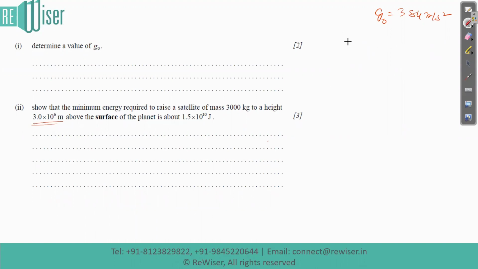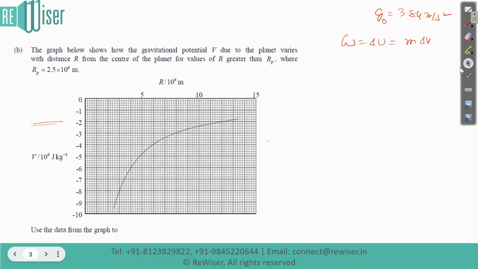Okay. So work done is actually change in potential energy, which is equal to mass of the satellite, mass of the smaller object into del V, change in the gravitational potential V. Now, what is the change in gravitational potential?